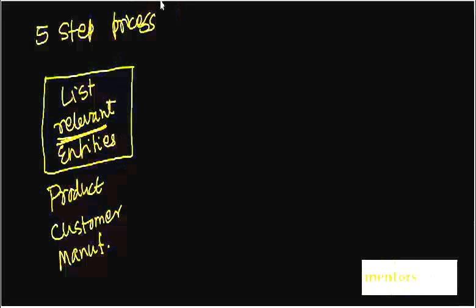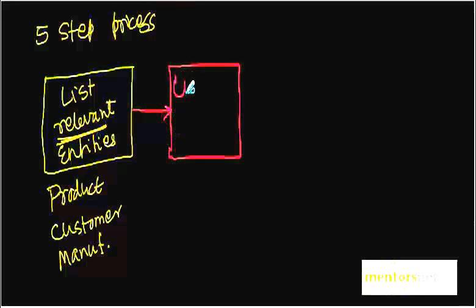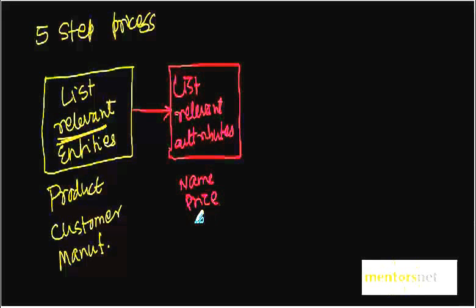Once we get the relevant entities, the next step is to list relevant attributes. For example, in case of a product, the attributes are the name of the product, the price of the product, how much quantity we have right now, who the manufacturer of that product is, the model number, how much it weighs, and so on.